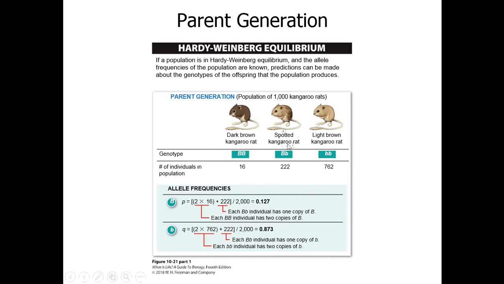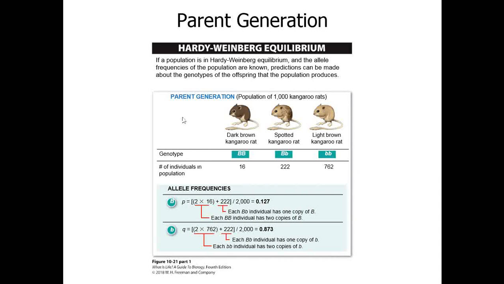A spotted kangaroo rat is the heterozygous individual, so it's got one dominant allele, one recessive allele, and that gives you this mottled looking kangaroo rat. That one's my favorite. This one would be represented by the 2PQ in your equation.